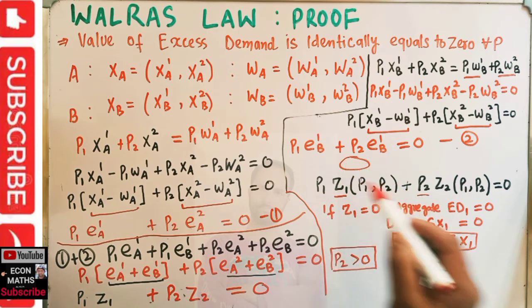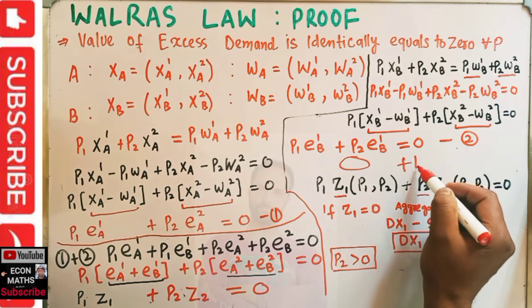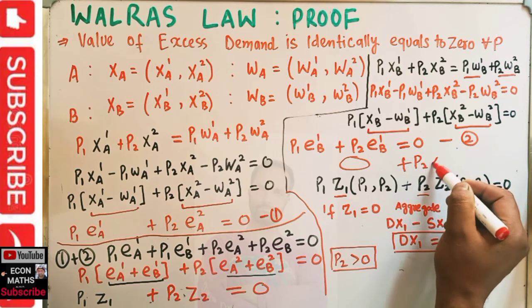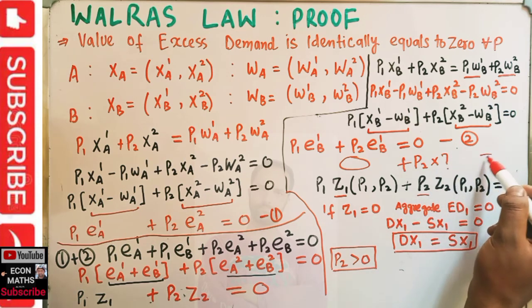So this is 0 plus p2 times z2, which should be equal to 0.